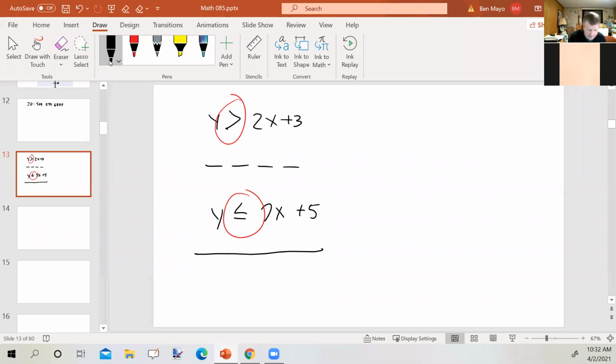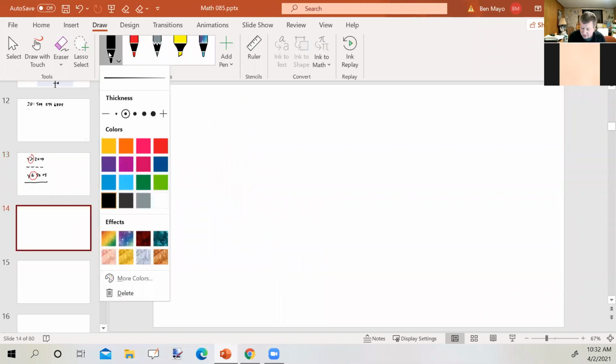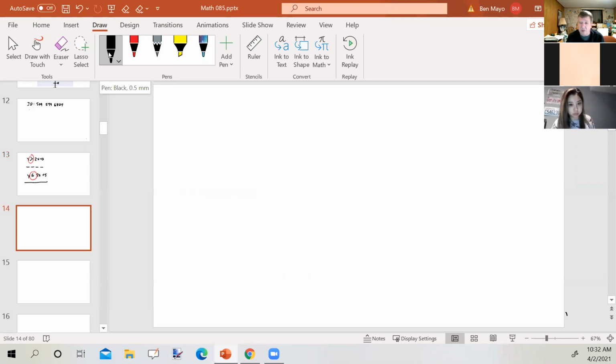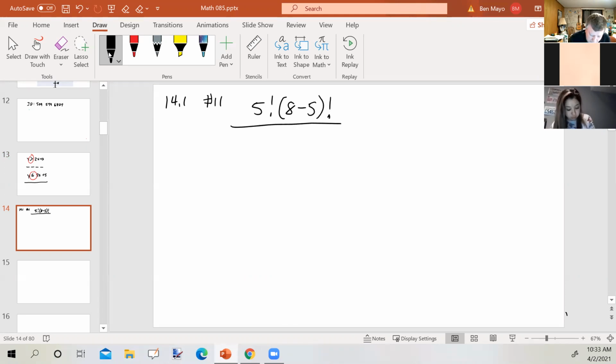Okay, and now two different people actually emailed in the exact same question, and it happened to have the exact same numbers. Not everybody has the same numbers, but this is from section 14.1, number 11, and the problem says evaluate the expression, and it's 5 factorial times the quantity 8 minus 5 factorial all over 4 factorial times 7 factorial.